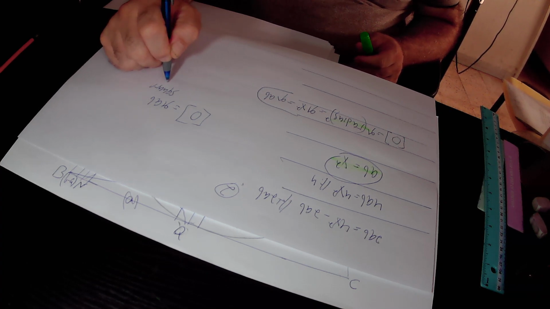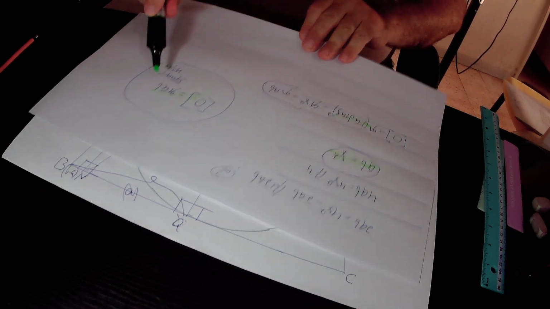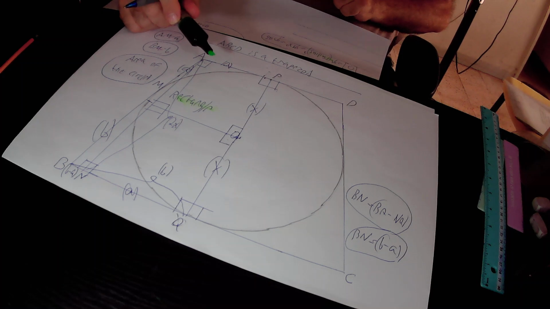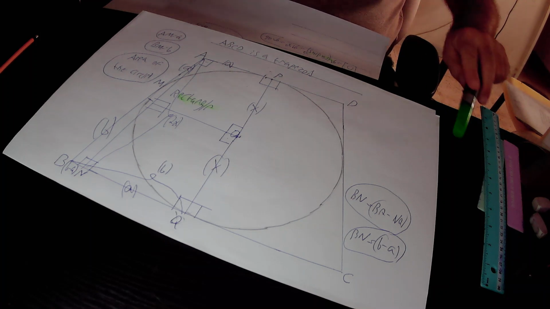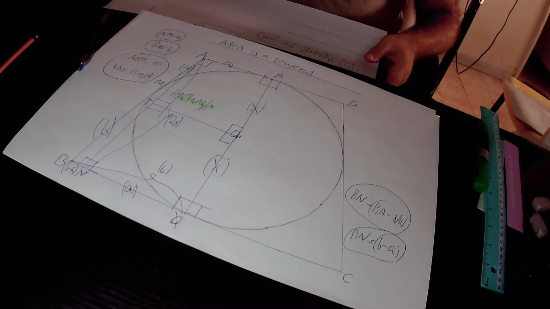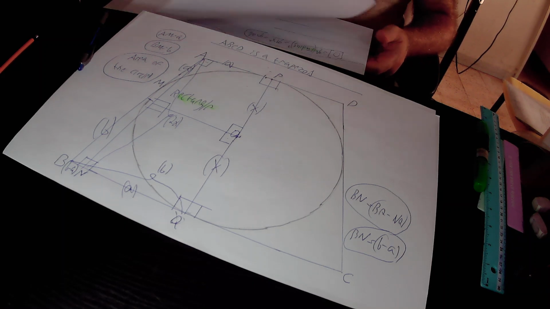And that is the answer to the question. So we finish with the first question. In the next step, I present to you the second question, and we solve the second question of this lecture.